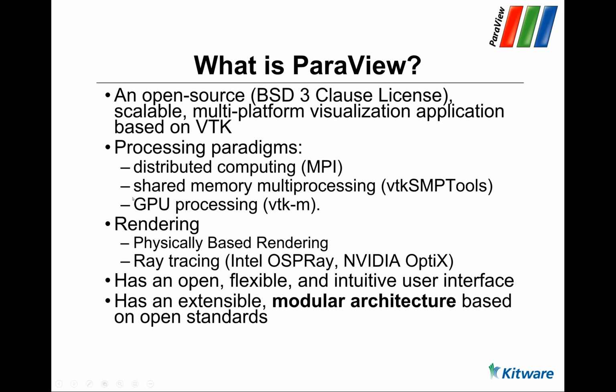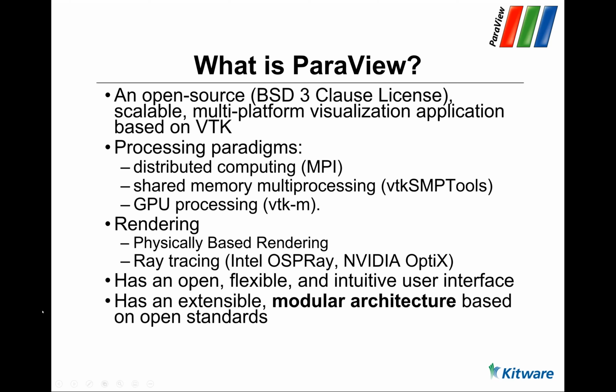ParaView supports different processing paradigms. Besides the serial processing algorithms or computation, it also supports distributed computing, MPI. This is the type of parallelism that runs on the HPC machines. It supports shared memory multiprocessing using a small utility, SMP tools inside VTK.